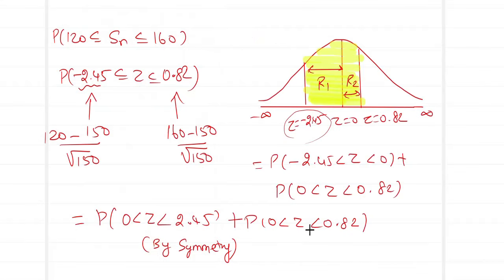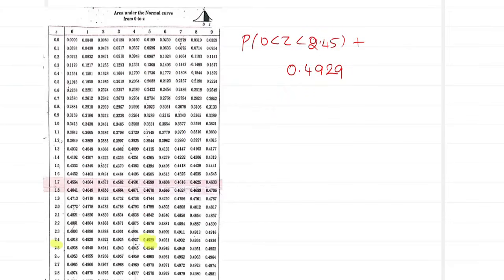What is the second data now? The second data is 0 to 0.82. Where is our 0.82? So we will search for the second data. 0.8 over here and 2 over here. So what is the table value? 0.2939. So the second value, 0 less than Z less than 0.82, will give me 0.2939.